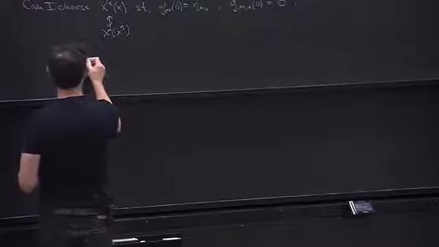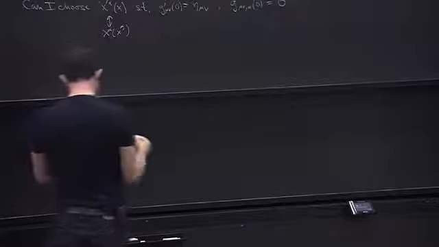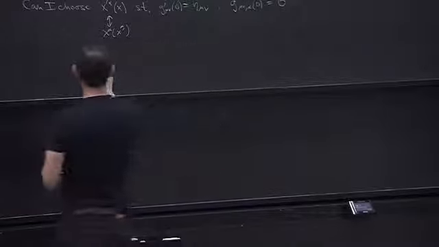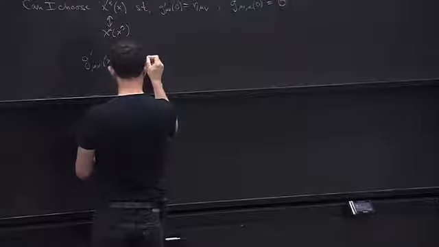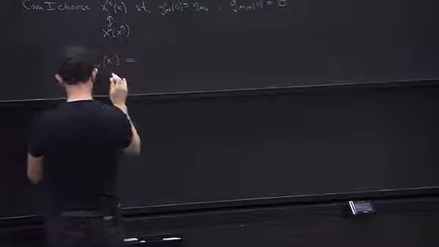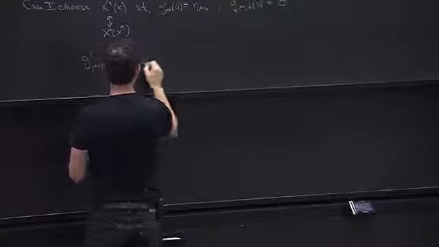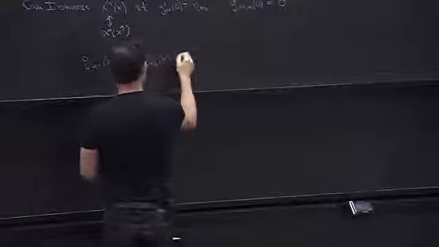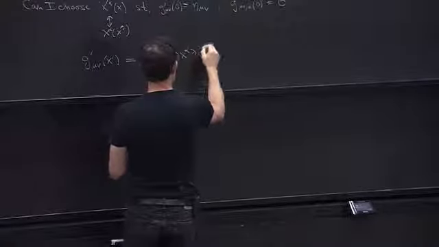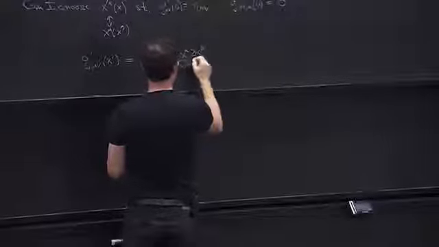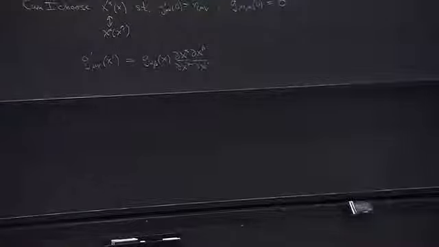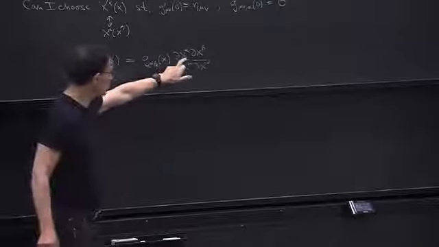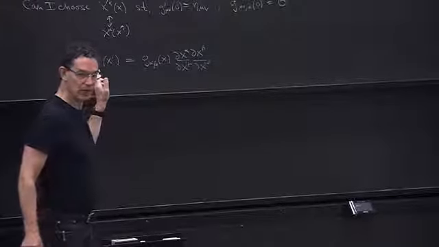And the metric in the new coordinate system, g prime mu nu of x prime, is equal to, let me write it, yeah, that's right, g alpha beta of x times dx alpha by dx prime mu times dx beta by dx prime nu. Okay, that is a transformation law in going from one coordinate system x to the other coordinate system x prime.